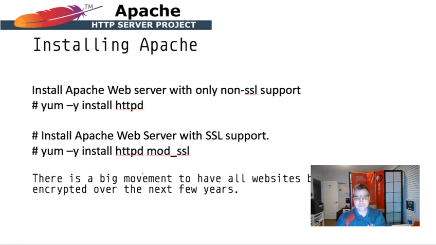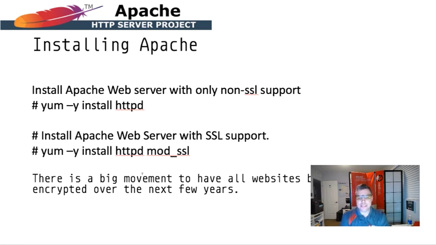This will add the SSL module to Apache, which will allow us to secure our website with SSL certificates. There's a big movement, with all of the Snowden information that's been leaked over the years and security being at the forefront of everyone's mind, that Google has pushed to secure all of the websites on the entire internet in the next few years.